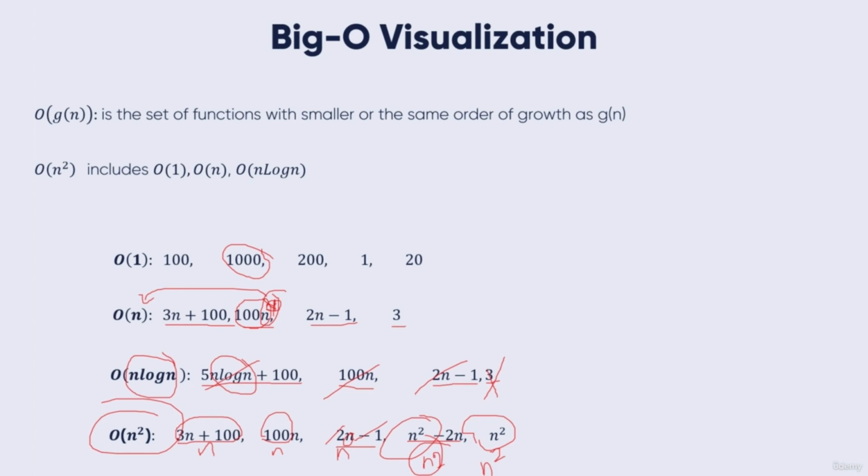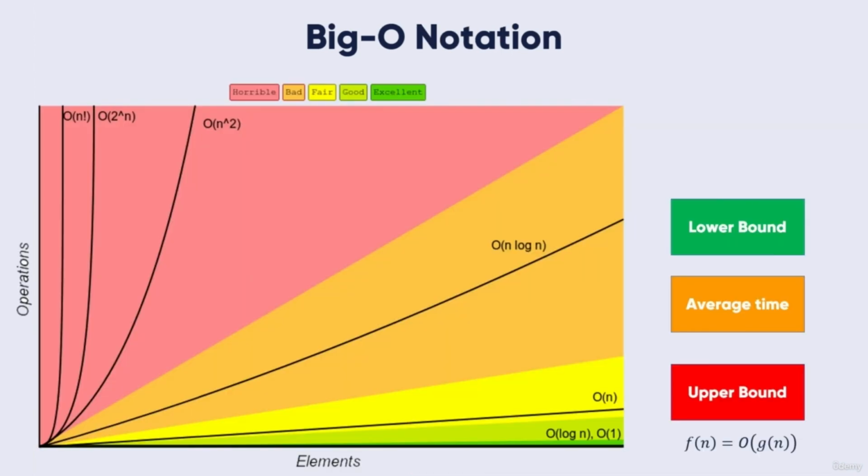Okay? I need you to write down in your copybook that O of 1 is smaller than log n, is smaller than n, is smaller than n log n, smaller than n squared, smaller than 2 to the power n, and smaller than n factorial.